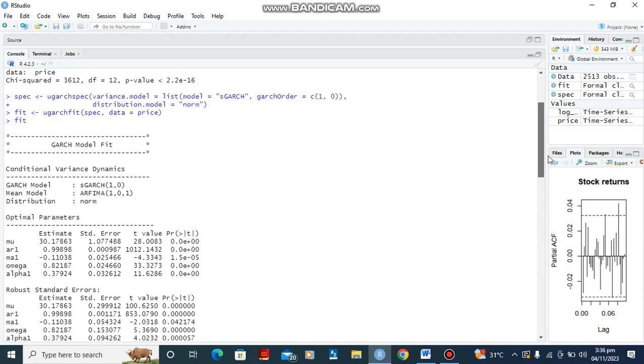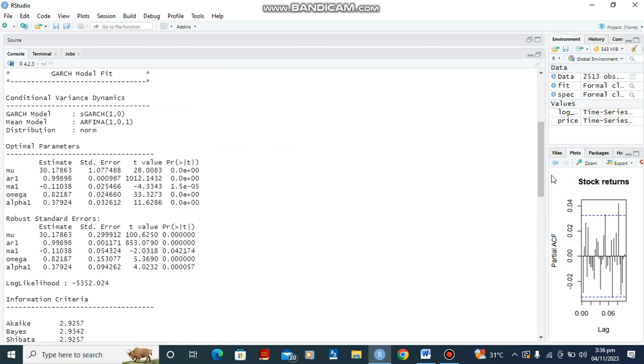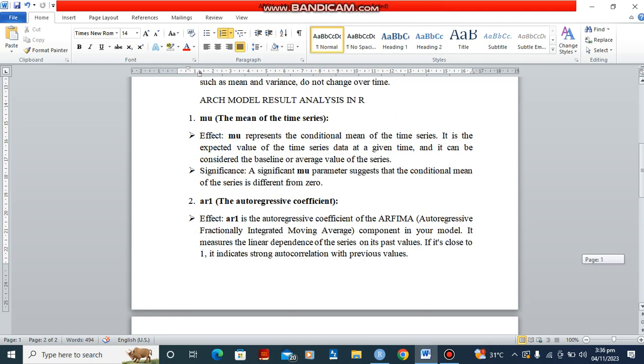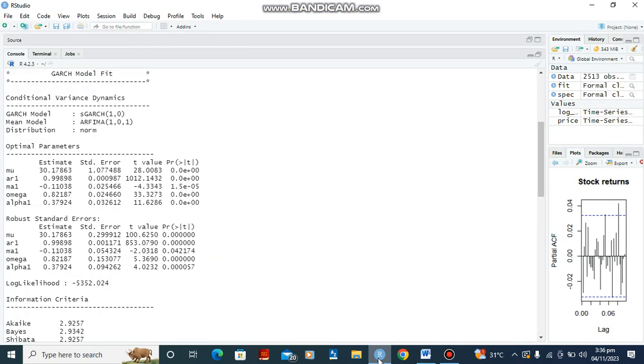All right, so here the GARCH model fits. Remember from the other video, we said that for the ARCH model, the key concept is the conditional variance. So in R, what we are going to be emphasizing is the conditional variance, and all our parameters under the conditional variance are what we're going to be looking at.